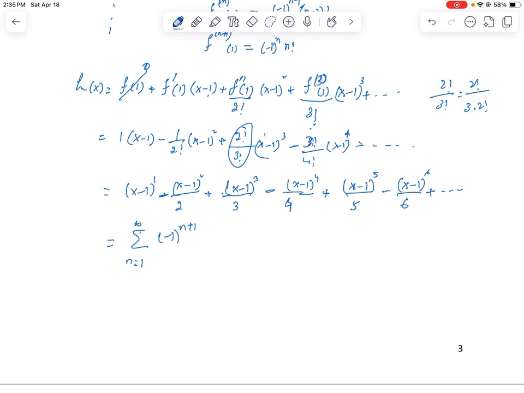Then I have x minus 1 raised to the power n. The first term has x minus 1 as power 1, and we get x minus 1. When n is equal to 2, the power goes to 2 and the negative sign power becomes 3, so we get a negative sign.